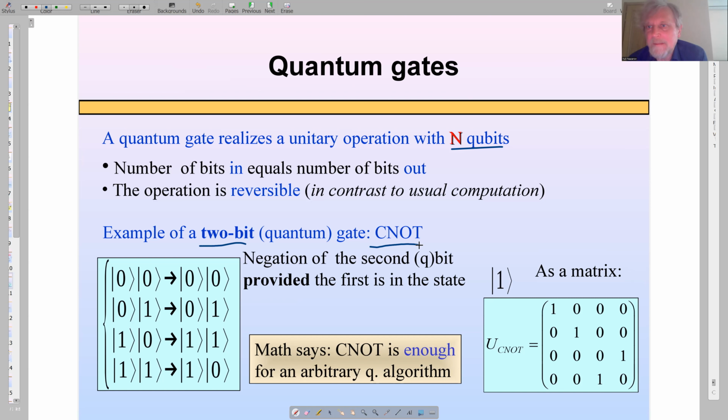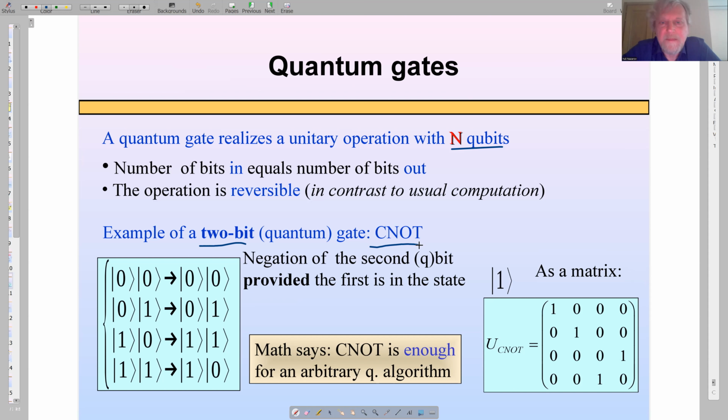One can provide an arbitrary quantum program which can be executed at this quantum computer. Very good. So let me concentrate on this CNOT gate.